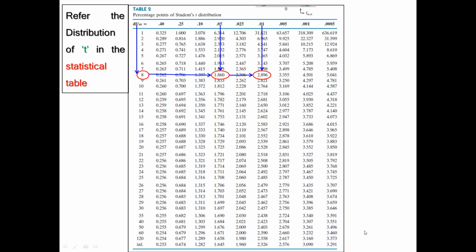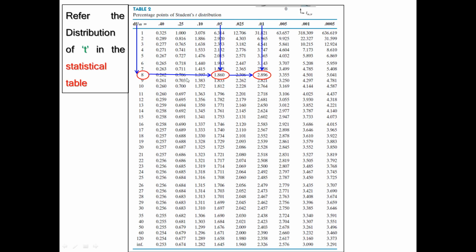But this calculated value, we have to compare with the value that we get in the statistical table, that is the distribution of t. As you know, our degrees of freedom is 8. So we have to see in this column of degrees of freedom at the level 8. We first look for 0.05.